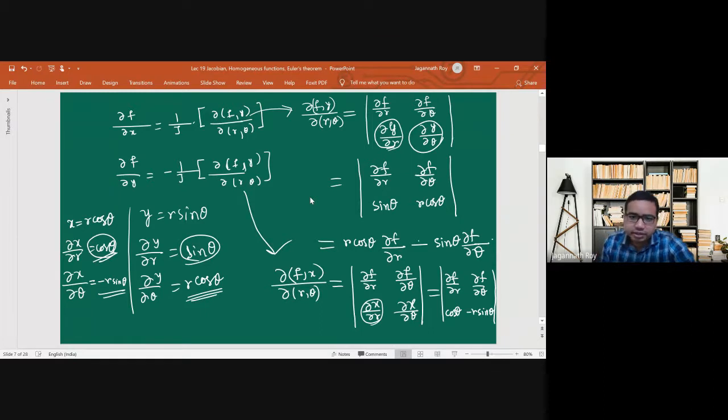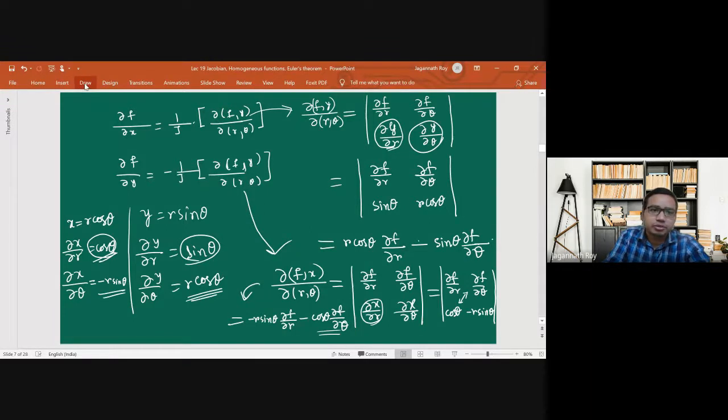After evaluating, this one will become minus r sin theta del f del r, minus cos theta into del f del theta.